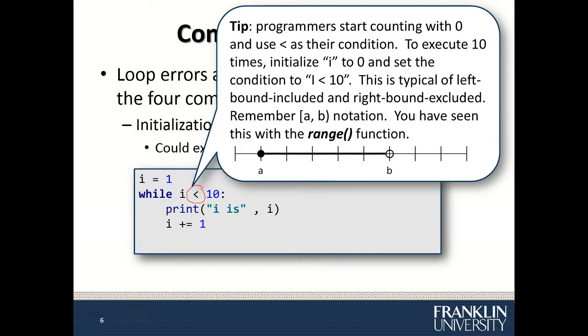For example, if I start at 0 and I want to do something 10 times, then I can say i equals 0 while i less than 10. This tells me how many times I need to do it, and if I start at 0, then I'll be using less than.